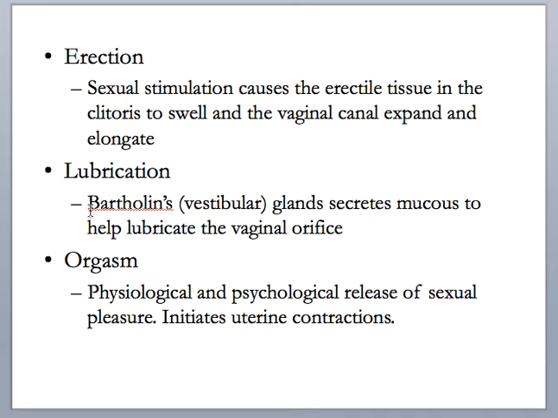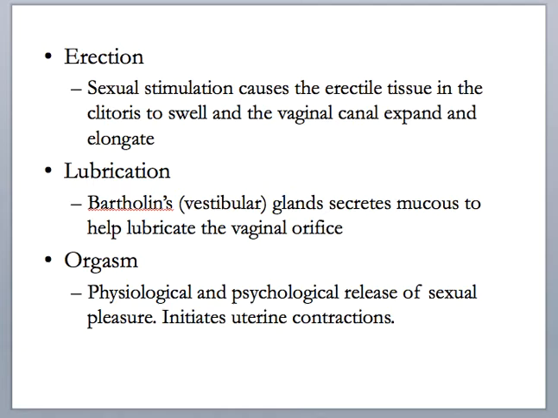Lubrication: those Bartholin's glands that are contained in the vestibular area secrete mucus that helps lubricate the vaginal orifice for an easier insertion of the penis and reduces friction and the possibility of wounds in the vaginal canal. In the vaginal canal, there is really abundant bacteria.